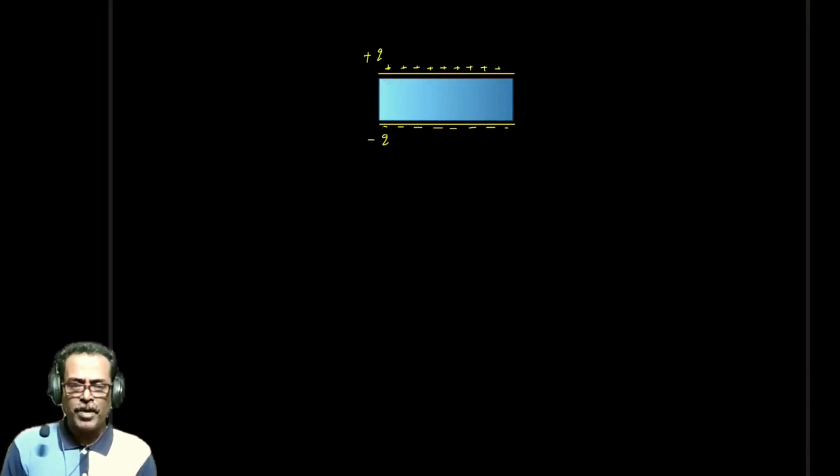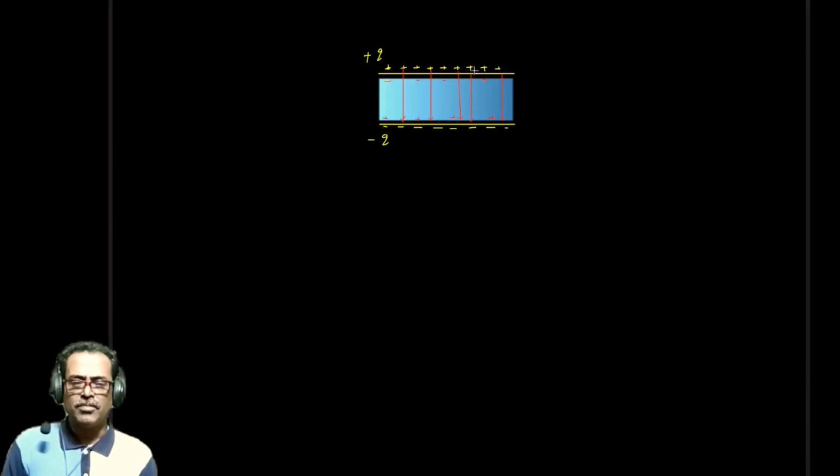So there is a minus charge, and this is plus minus, plus minus, plus, and for the remaining charge, the field lines will continue through the dielectric.